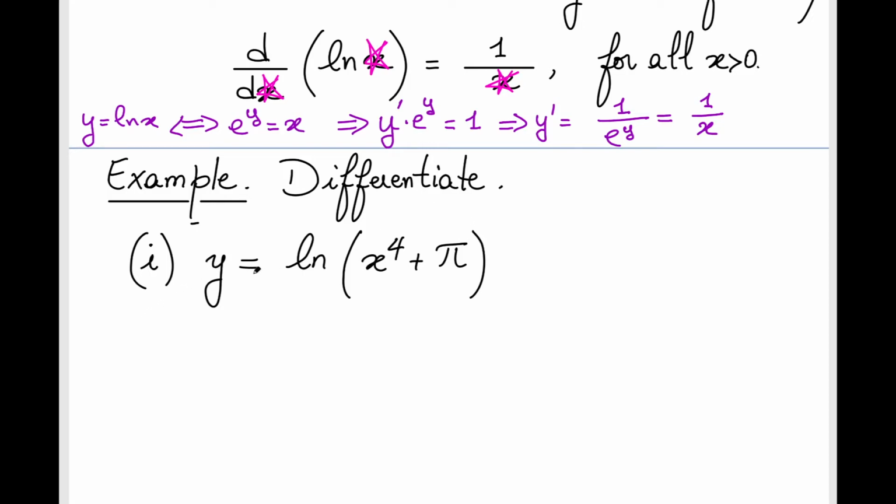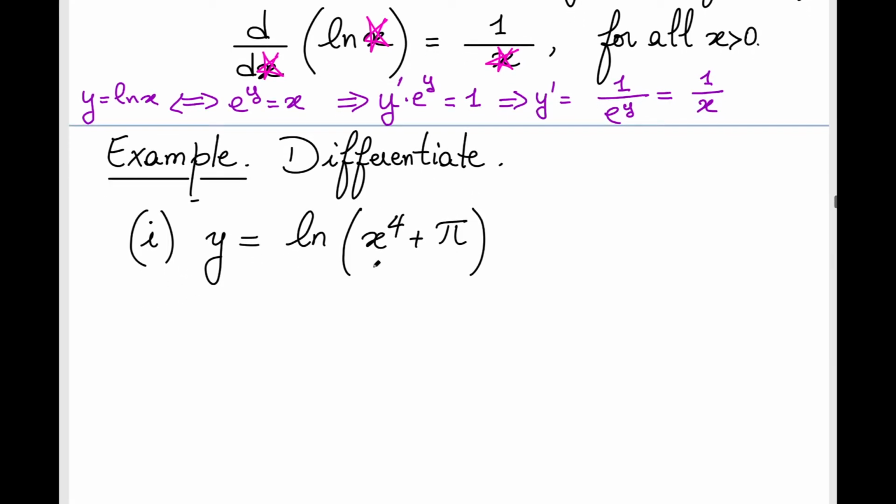Differentiate the function y equals ln of the quantity x^4 plus pi. Well, I'm differentiating with respect to x. So that's x, right? So I'm differentiating with respect to x the function ln of x^4 plus pi.